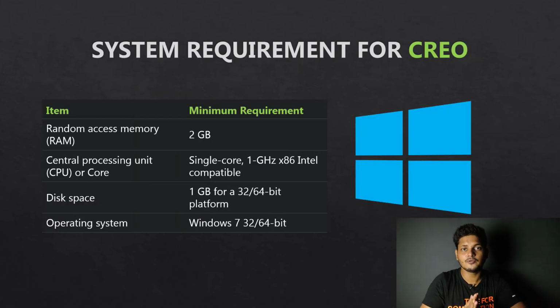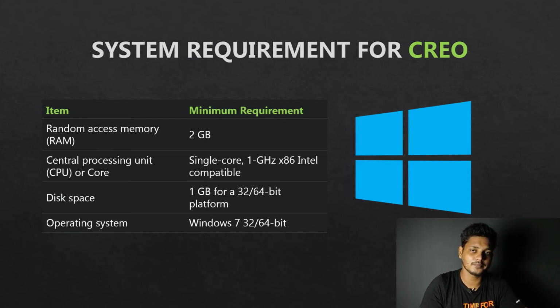Now we have learned about many aspects of this software, and if we are going to learn it, we need to install the student version on our system. So for that, we need to know the basic requirements of this software. If we want to install the latest version of CREO, it doesn't require a lot of RAM.